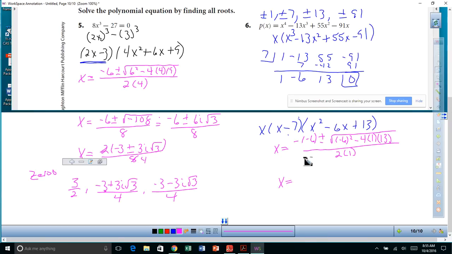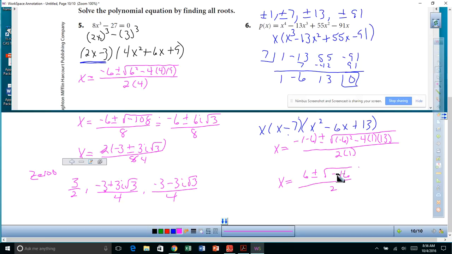So x equals 6 plus or minus the square root, and negative 6 squared is 36, minus 4 times 1 times 13, which is 52. So you got 36 minus 52, I believe that's negative 16. So that makes that negative 16 all over 2.